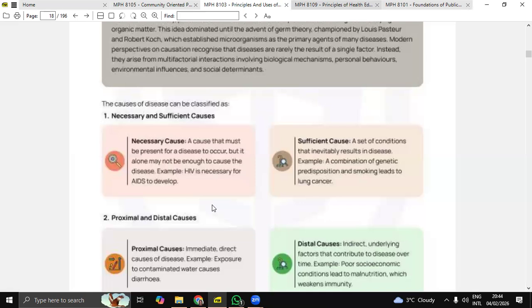The reason it is important for us to know necessary cause and sufficient cause is because it informs the way we target our intervention.